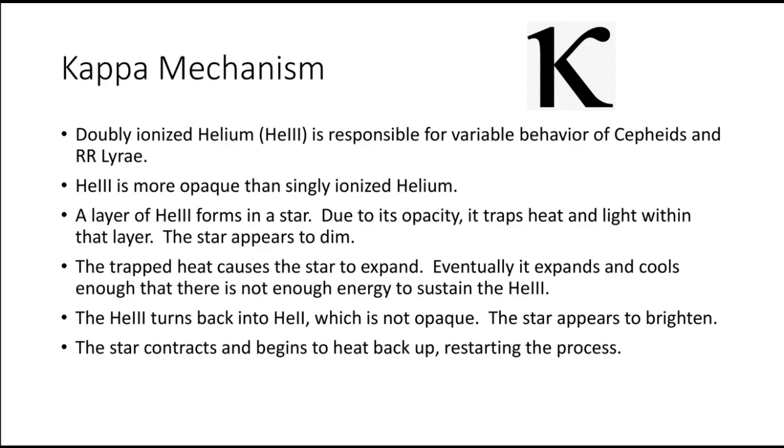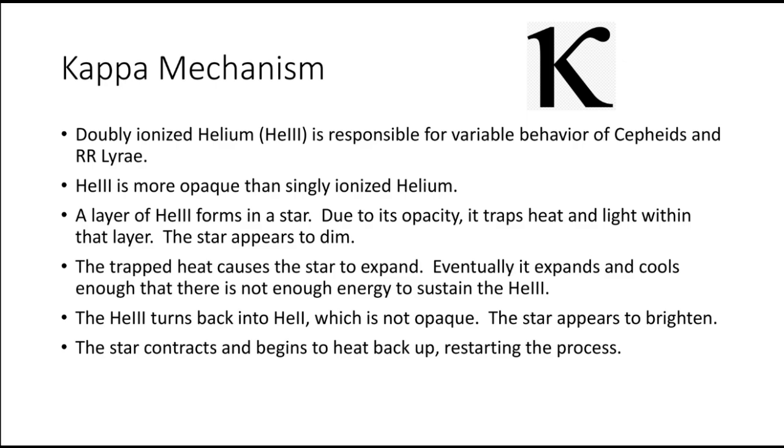So ionizing is just getting rid of the electron. You need a lot of energy or a lot of temperature to ionize the helium, and so this is happening deep within these stars, and it turns out that doubly ionized helium is more opaque than singly ionized helium. Opaque meaning it doesn't let light pass through it.